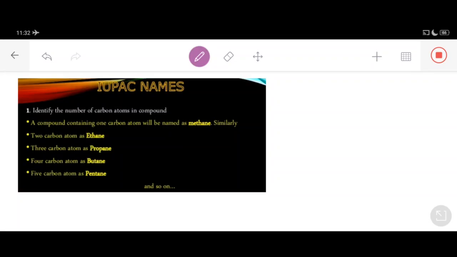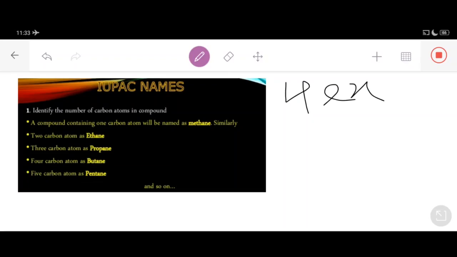The first rule regarding nomenclature is that the number of carbon atoms in a hydrocarbon is indicated by using the following terms. For example, if there is one carbon, you are supposed to write meth. When there are two carbons, you write eth. If there are three carbon atoms, you write prop, then but, then pent for five carbons, and hex for six carbon atoms.